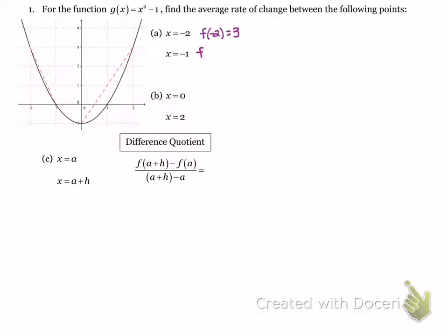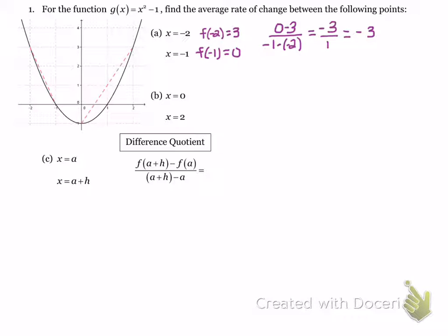Then the output when I plug in -1, or when I look at it on the graph, is 0. So the average rate of change is going to be 0 minus 3 over -1 minus -2. So we have -3 over -1 plus 2, which is 1. So we have -3.